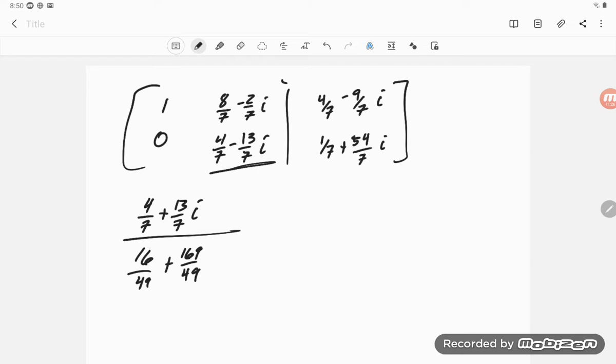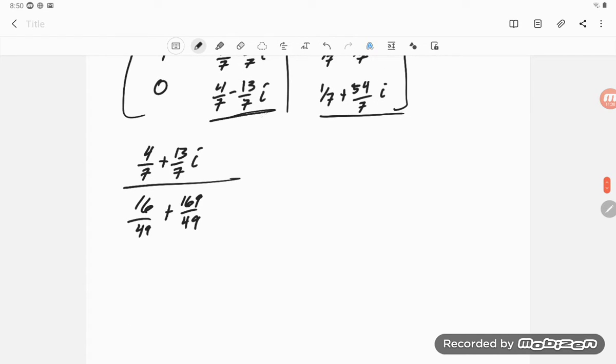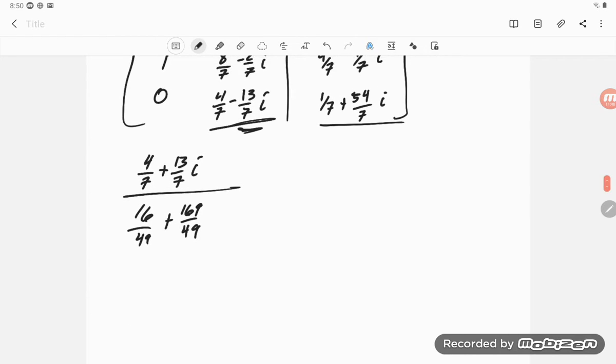And what I need to do is multiply this number over here by that number, because I know I get a 1 in the first spot. So I'm going to multiply all this times 1/7 plus 54/7 i.